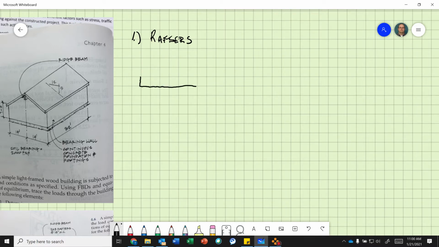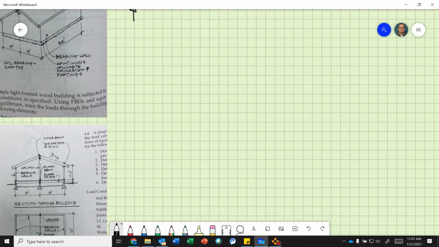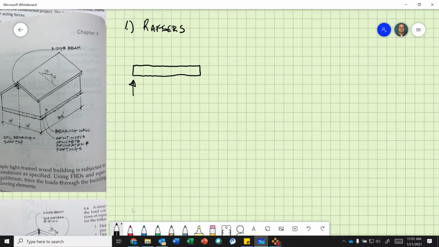So we have our rafter. We have our reaction here. What you want to do is call this the reaction at the ridge, because this is this point right there, and this is the reaction at the exterior wall. You want to orient yourself so you're not confusing yourself.